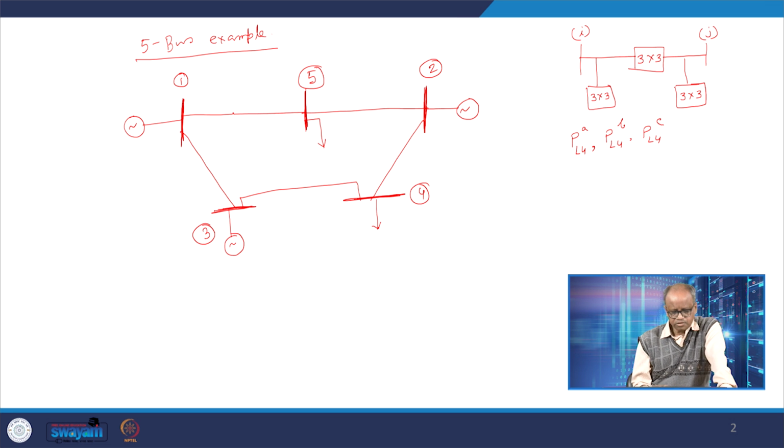Now because I have got 3 generators, these 3 generators will have their internal buses. So this system would be augmented to this system.